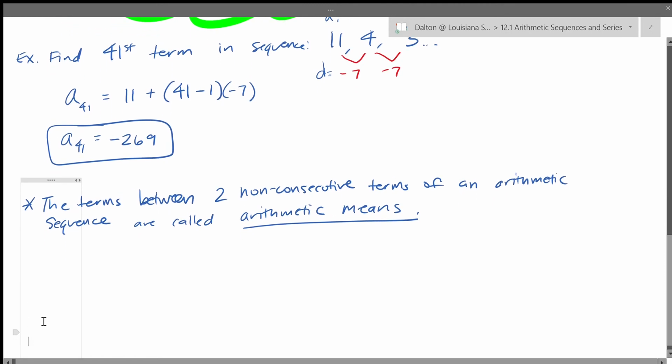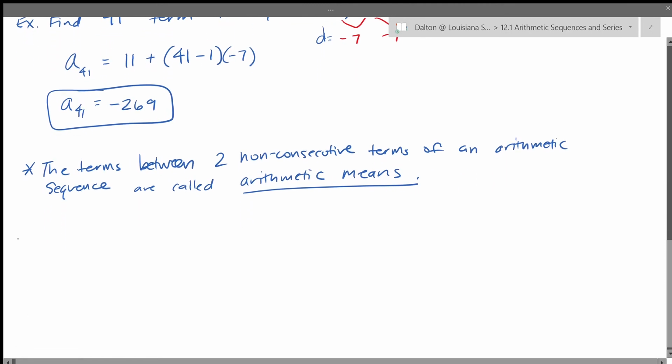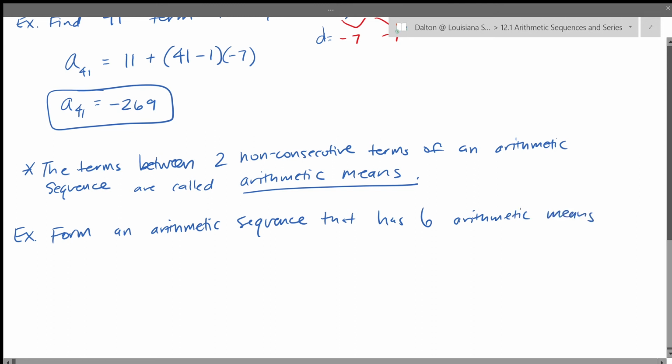So using that vocabulary, you might get to a question like this. Form an arithmetic sequence that has 6 arithmetic means between -12 and 23.